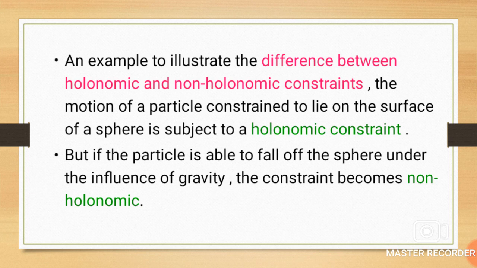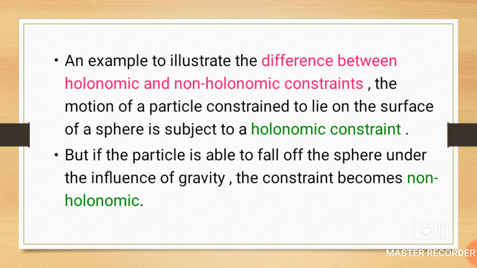So this is a holonomic constraint, because this type of constraint is expressible in the form of equations very easily. But if we consider the influence of gravity, that is the particle lying on the surface of the sphere under the influence of gravity, then there is another parameter which is added due to gravity. So this is a non-holonomic constraint.